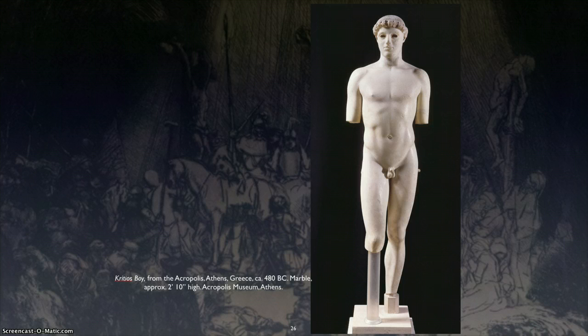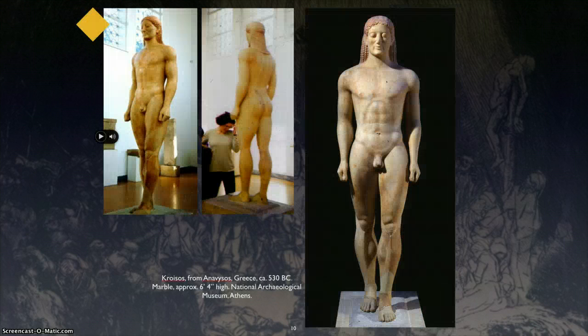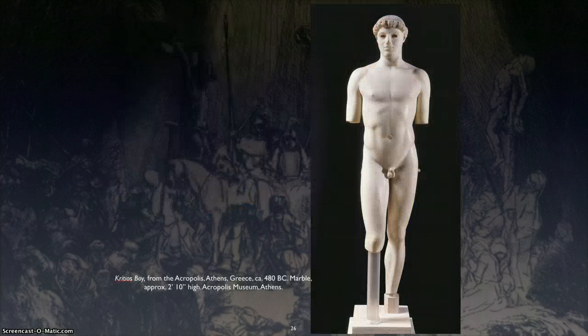If we go back to even this, Kroisos, very rigid pose, and around 530, but then we get here 480. Just a few years later, 50 years or so, what happens? Look at it. Look at this hip, this knee. This knee is relaxed. This knee is locked.